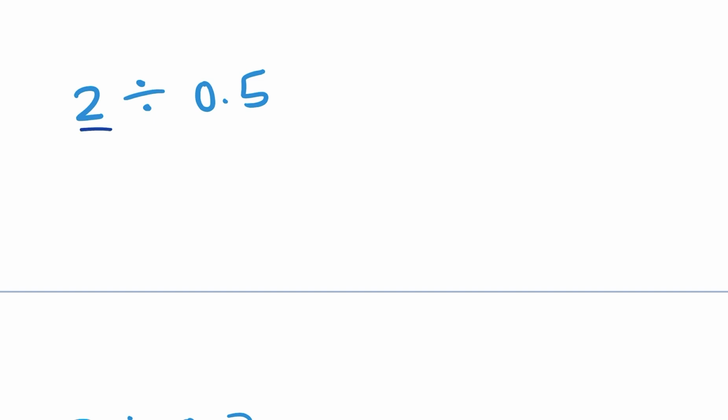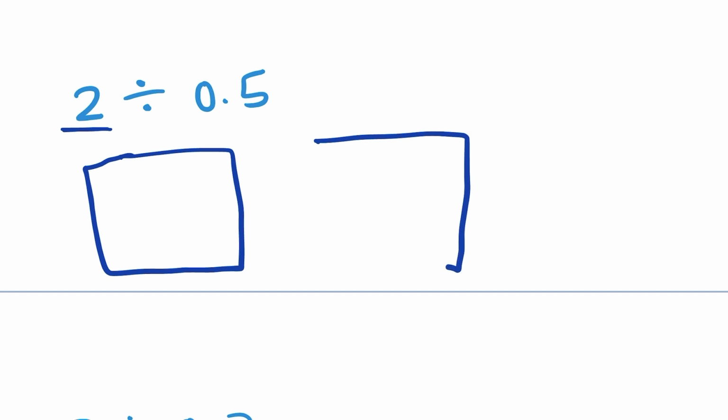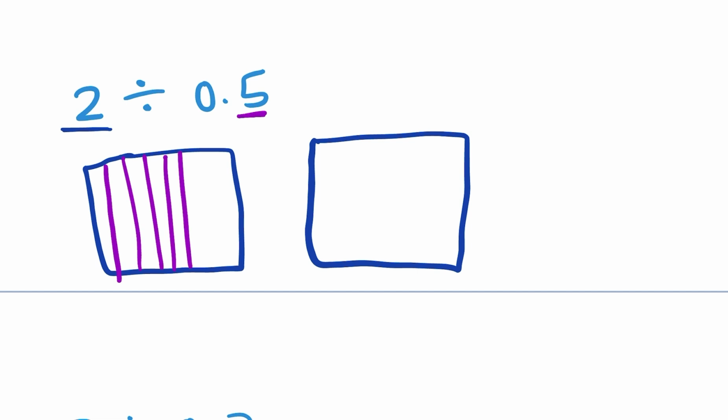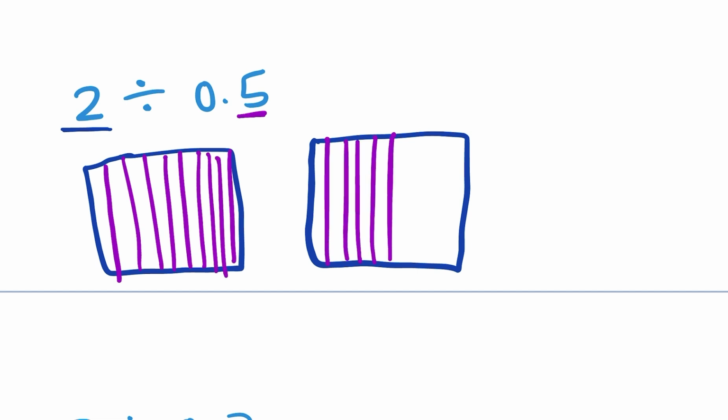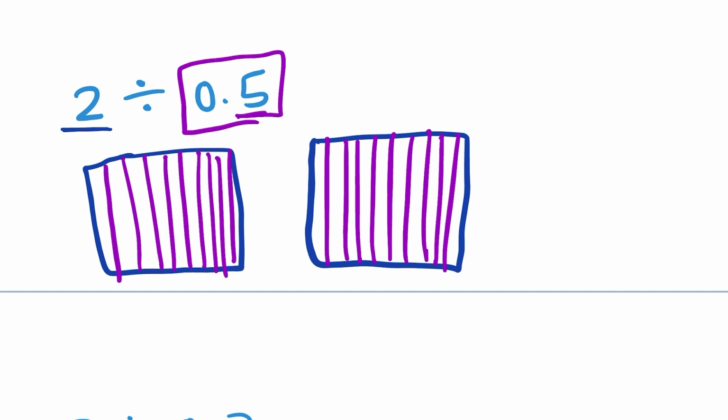I always start by drawing my dividend, so I have 2 wholes. I'm dividing by tenths, so this time I'm going to split my 2 wholes into tenths. Okay, and I'm making groups of 5/10. So 1/10, 2/10, 3/10, 4/10, 5/10.